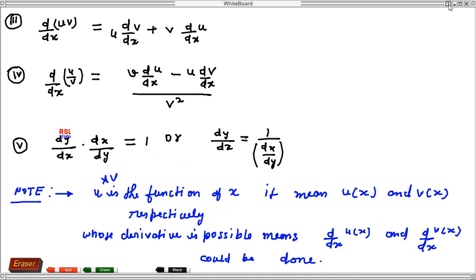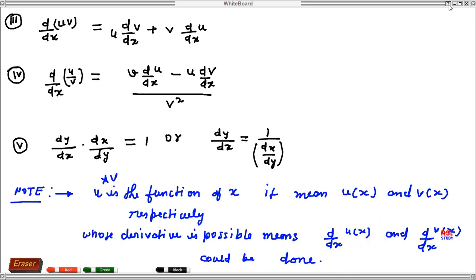Similarly, if dy by dx is like this, then you can write it like this. u and v are functions of x. It means u(x) and v(x), whose derivatives are possible, meaning d/dx of u(x) and d/dx of v(x) can be done.